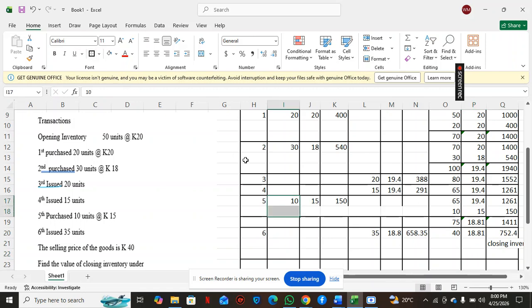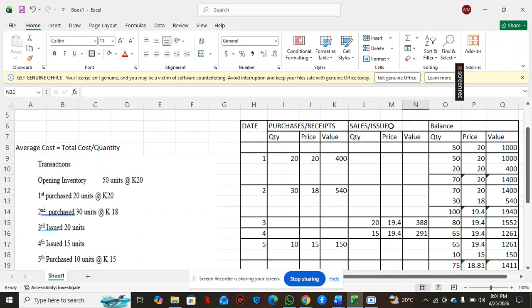Then if we need to calculate the gross profit, the same way as we did with the other methods, we tabulate the cost of goods sold, COGS. Just come under the sales or issues column, under value here. Think of this value as also a cost.